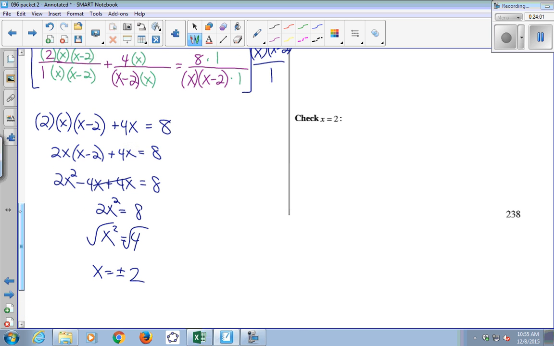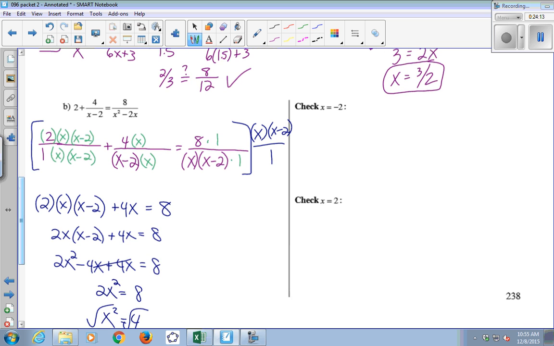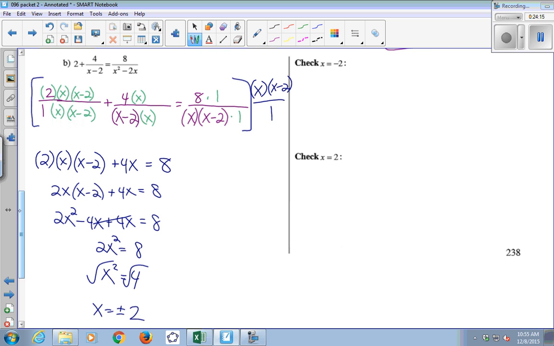All right, mandatory, we have to go back and check, especially when you get 2 answers. One of them may not actually be a solution. So I got to take my 2 and my negative 2 and plug them into my original equation. Make sure that the equation is true. So I'm going to check my negative 2. So I'm just going to replace all the x's in the original equation with a negative 2.